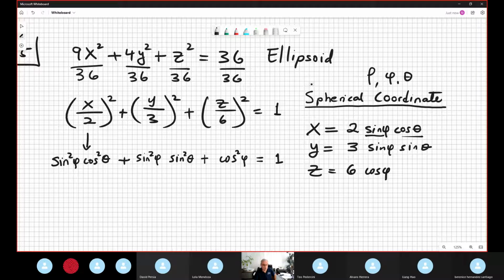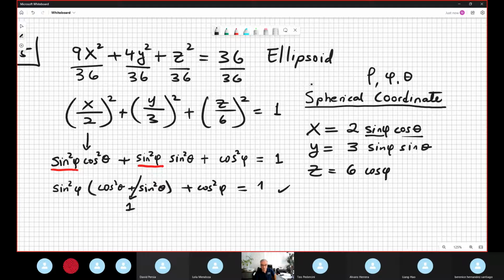For example, I can see here that sine squared phi is a common factor. You factor it out. And inside the parentheses, we have cosine squared theta plus sine squared theta, plus cosine squared phi. And this is 1. It's obvious, right? It's the famous trigonometric identity. And since that is 1, then sine squared phi plus cosine squared phi is 1. Boom! I proved this. Easy.